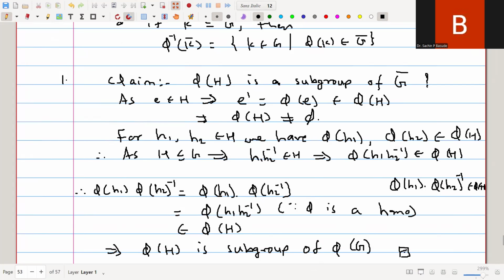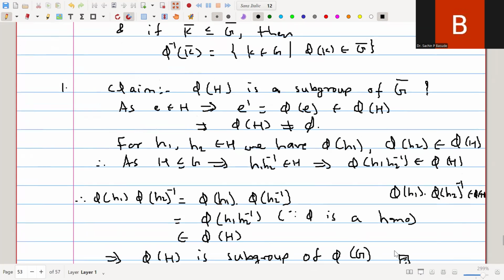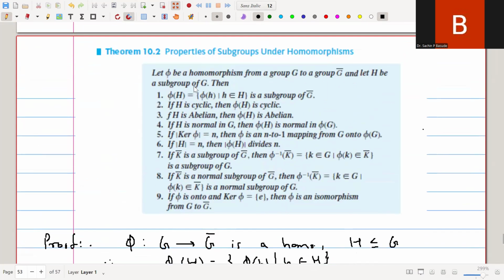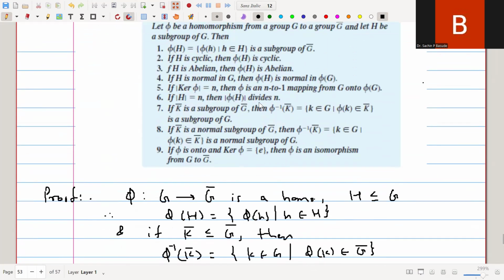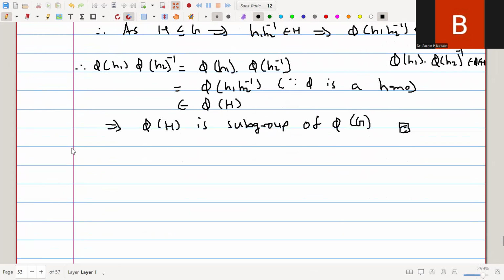And the second part is: if H is cyclic, then phi of H is cyclic. Second, let H be a cyclic group; cyclic means it is generated by some element. H is generated by a.